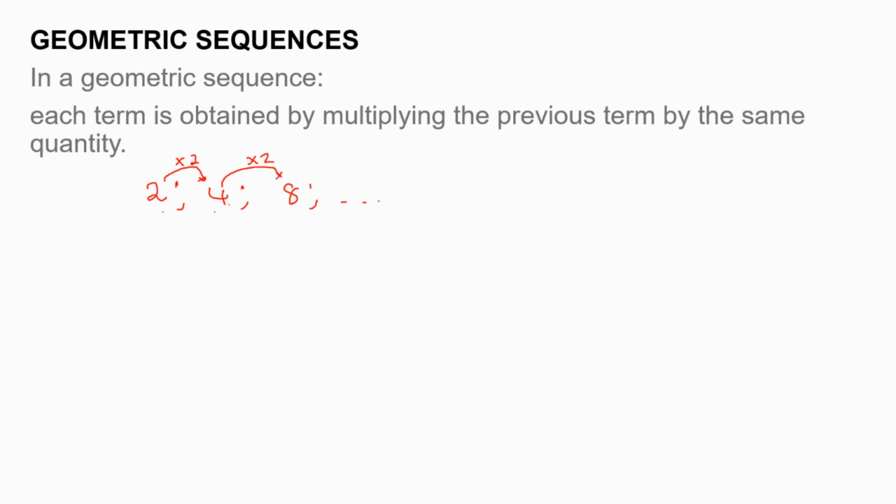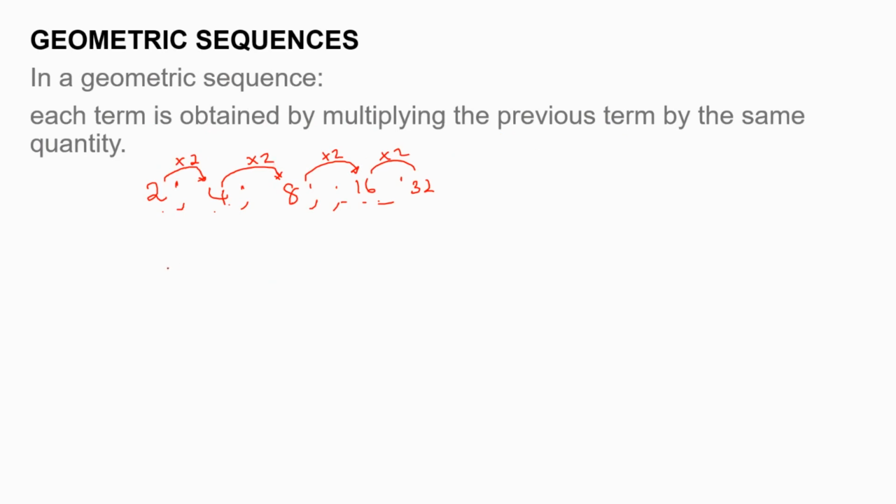To get to the next term also, we have to multiply 8 by 2 to get 16. We multiply 16 by 2 to get 32. It goes on like that. So that's what I mean by saying each term is obtained by multiplying the previous term by the same quantity.